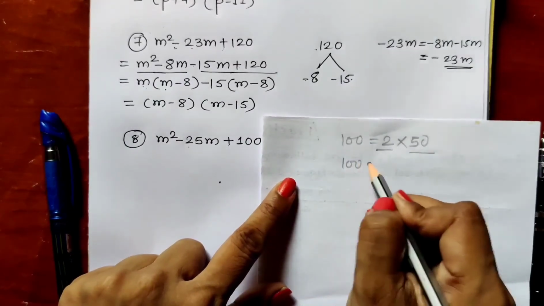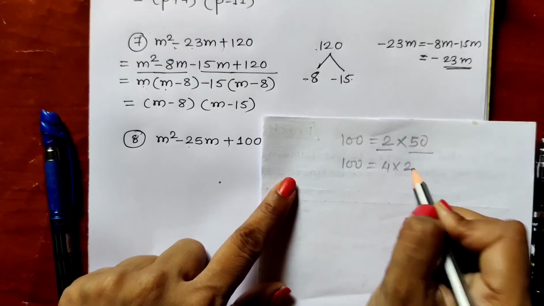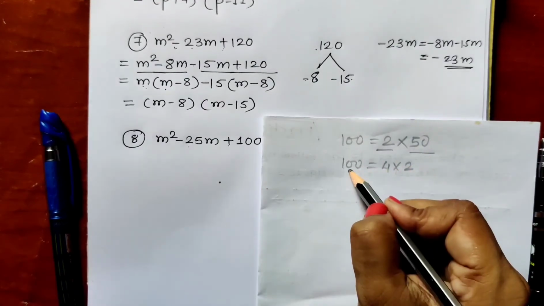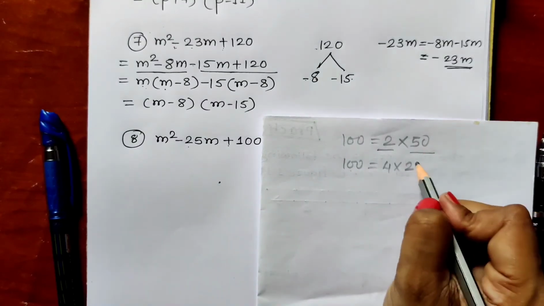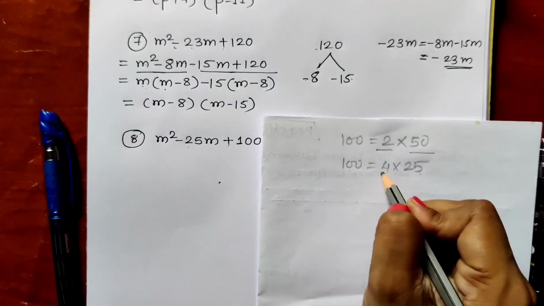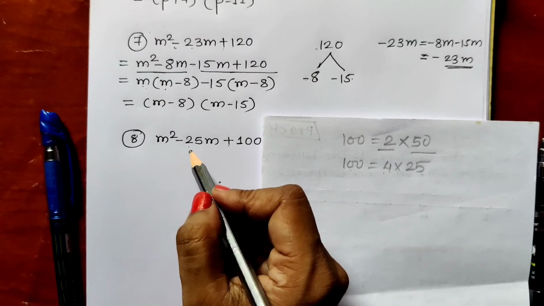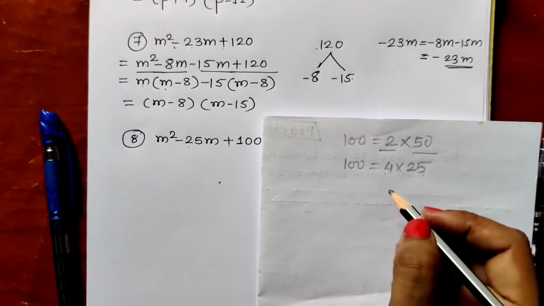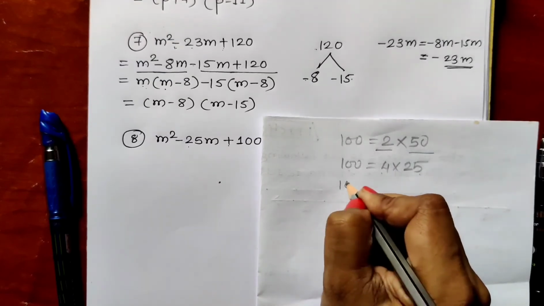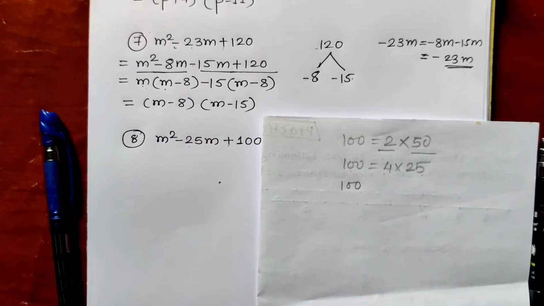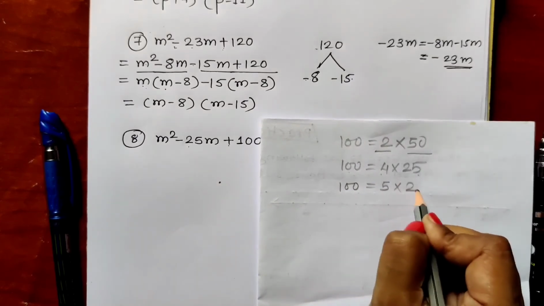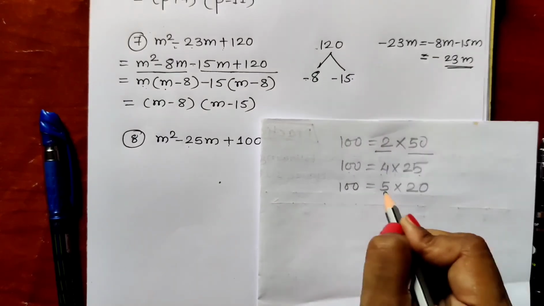Then the two factors are 4 into 25. 4 twos are 8, and then 4 fives are 20. 25 plus 4 is not 25. We require 25. Addition should be 25. Then 5 twos are 10, 5 zeros are 0, 5 twenties are 100.